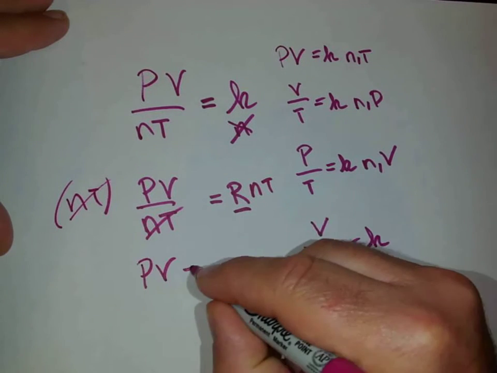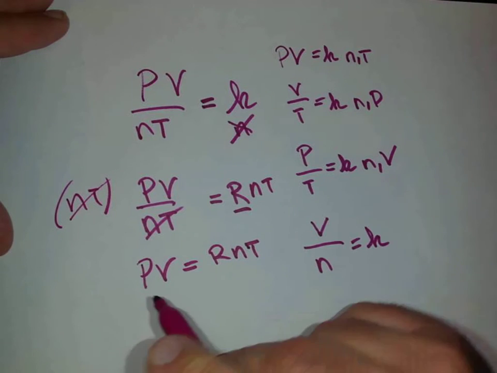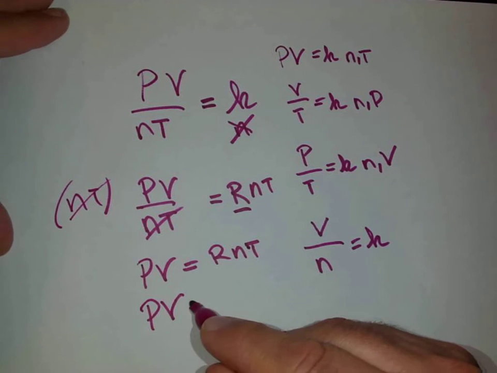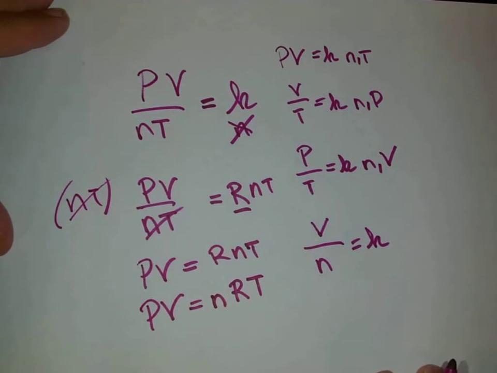We get PV equals RTn. Now, you don't usually see it like this. You see it as PV equals nRT: pressure times volume equals the number of moles times a constant times its temperature in Kelvin.